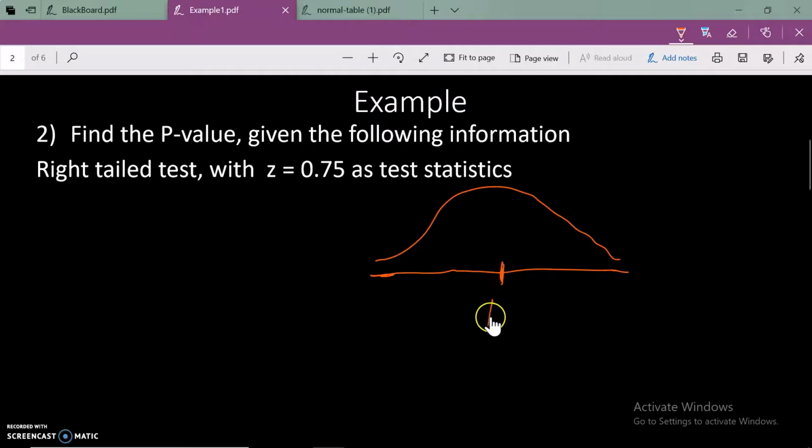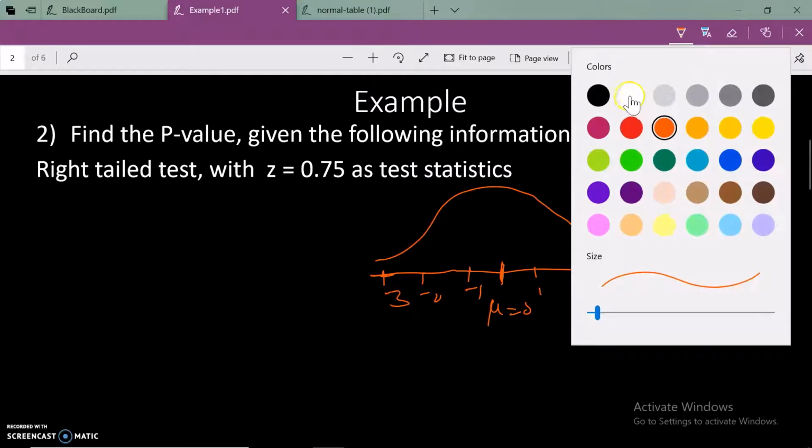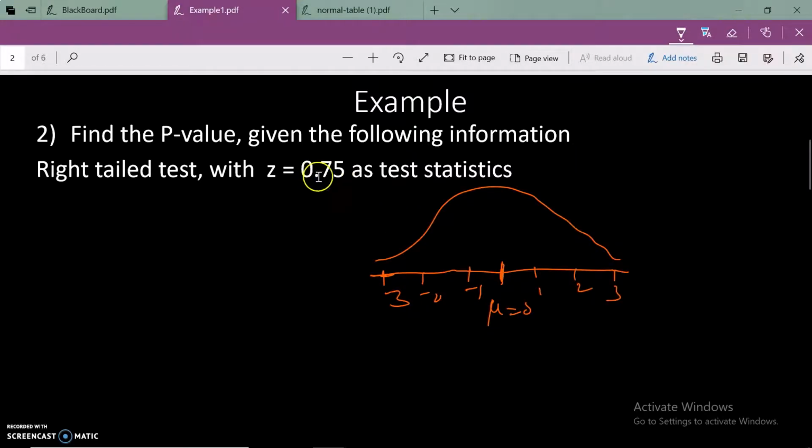Exactly in the middle, I take the mean value 0, with 1, 2, 3, and minus 1, minus 2, minus 3. Let's plot this value 0.75. It will be somewhere here. This is the value of the test statistic, and it's a right tail test.